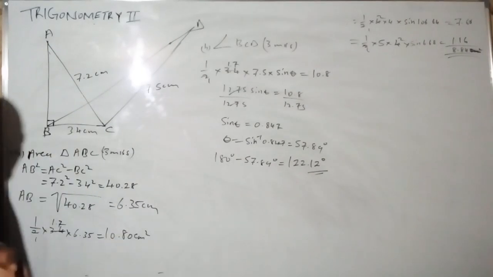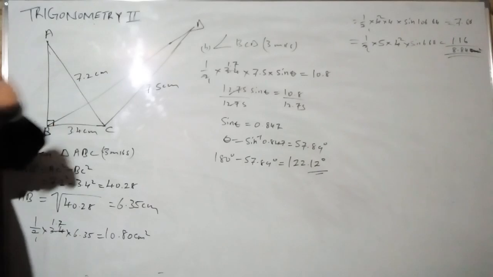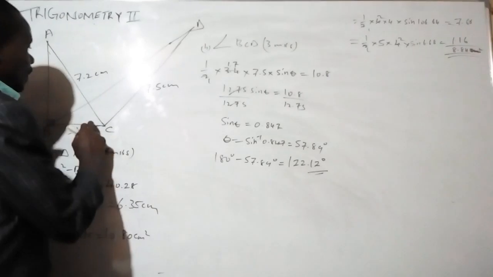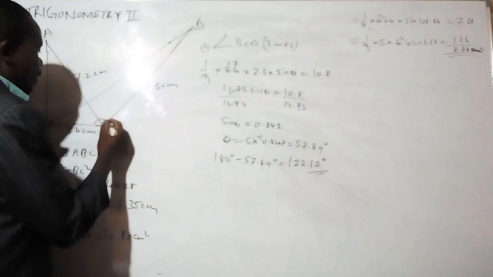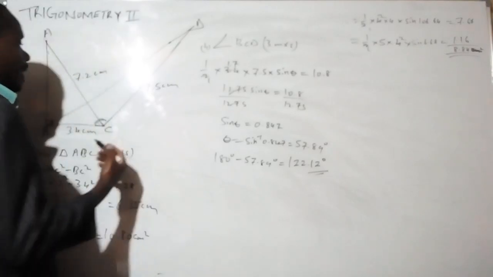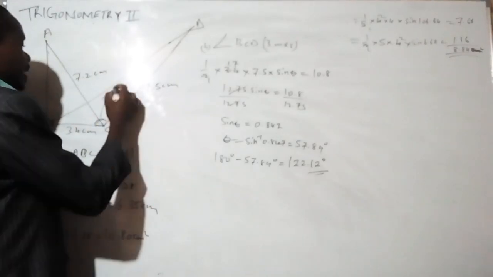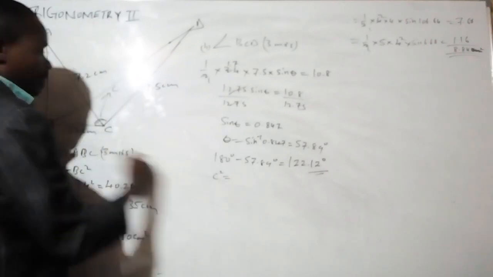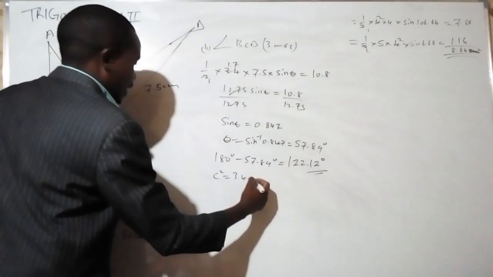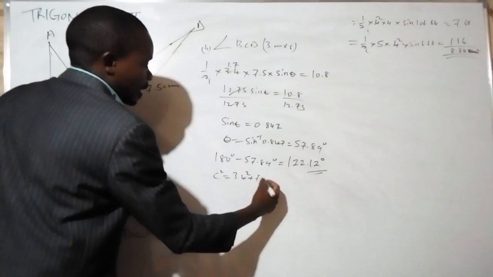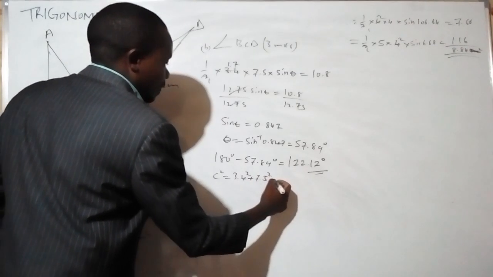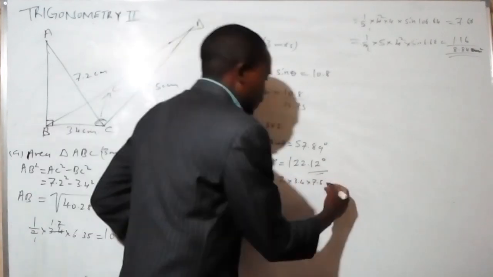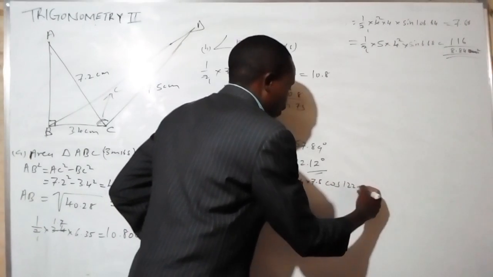Next, the length of BD. We can use the cosine rule. We are going to say that c squared is equal to 3.4 squared plus 7.5 squared minus 2 times 3.4 times 7.5 times cos 122.12 degrees.